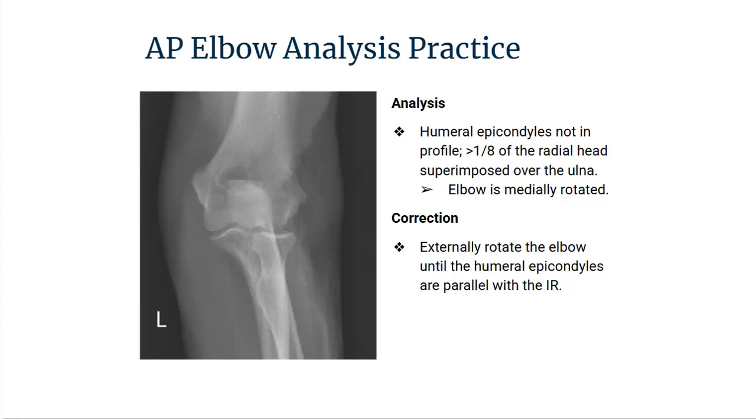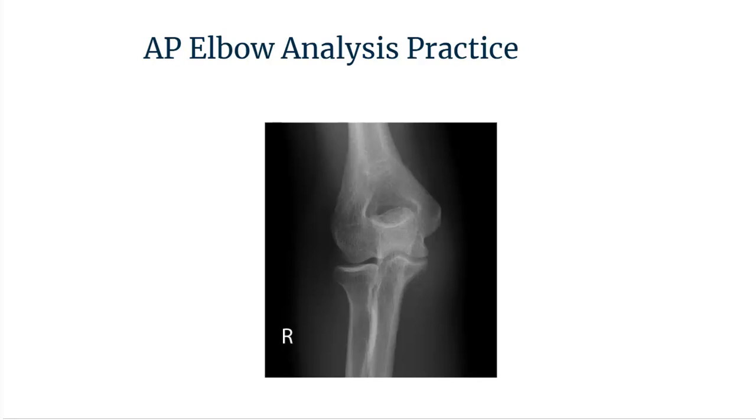In order to correct this positioning error, we need to externally rotate the elbow until the humeral epicondyles are parallel with the image receptor. Go ahead and take a minute to analyze this image and answer the following question.